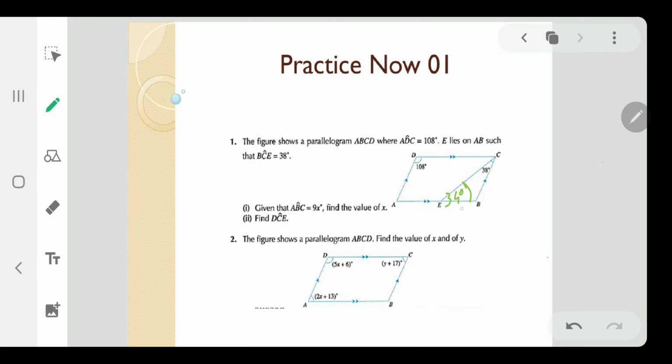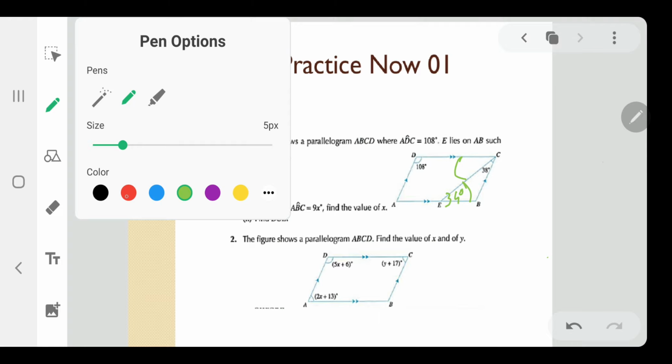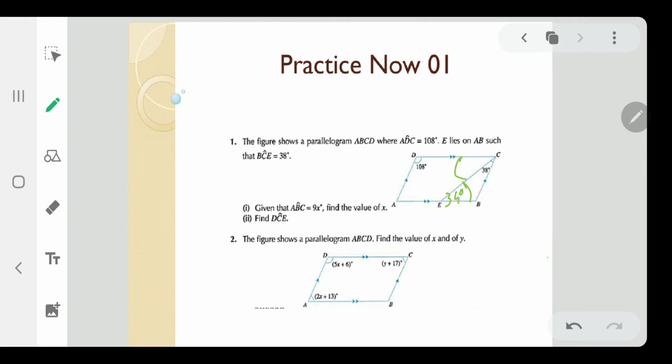Both these lines are parallel, and both these angles will be alternate angles. So this angle is 34, this angle will be 34 as well, 34 degree, right? So now we can find out the angle DCE.